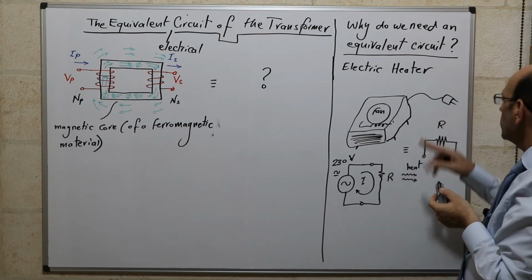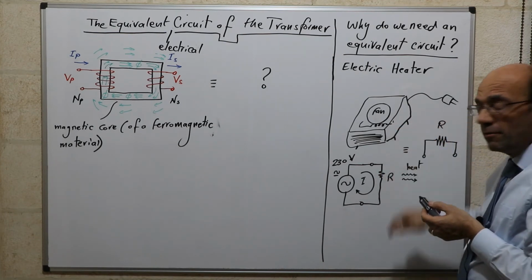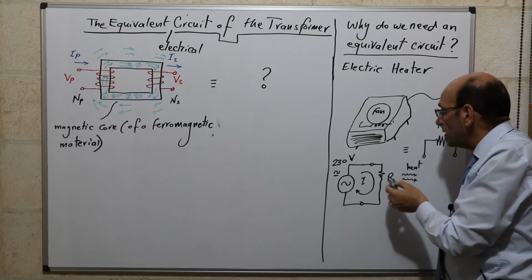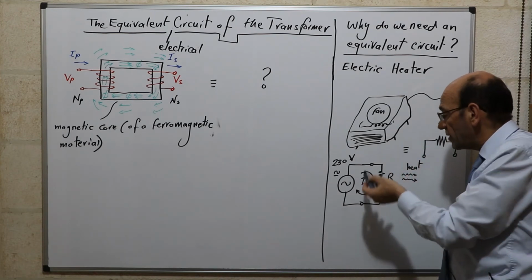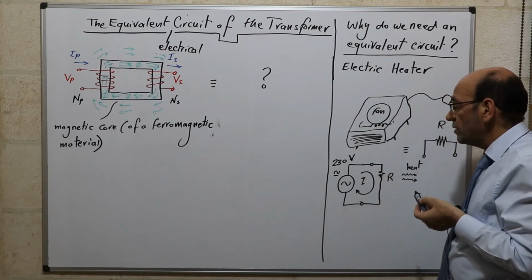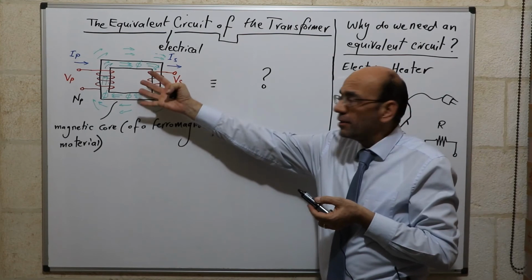This is a useful exercise because we've replaced the heater with its electrical equivalent circuit. We've then used that electrical equivalent circuit in an electric circuit. We've understood things about the heater which we needed, and we want to do something similar here.